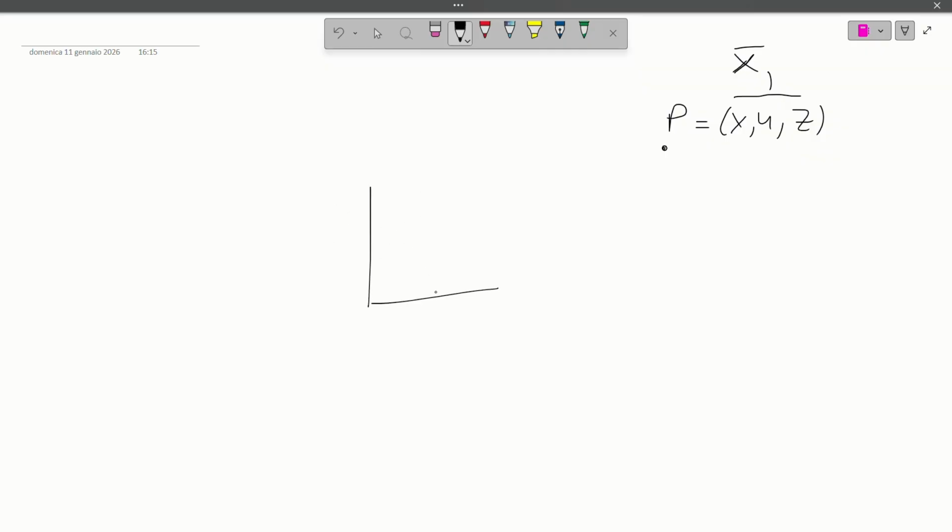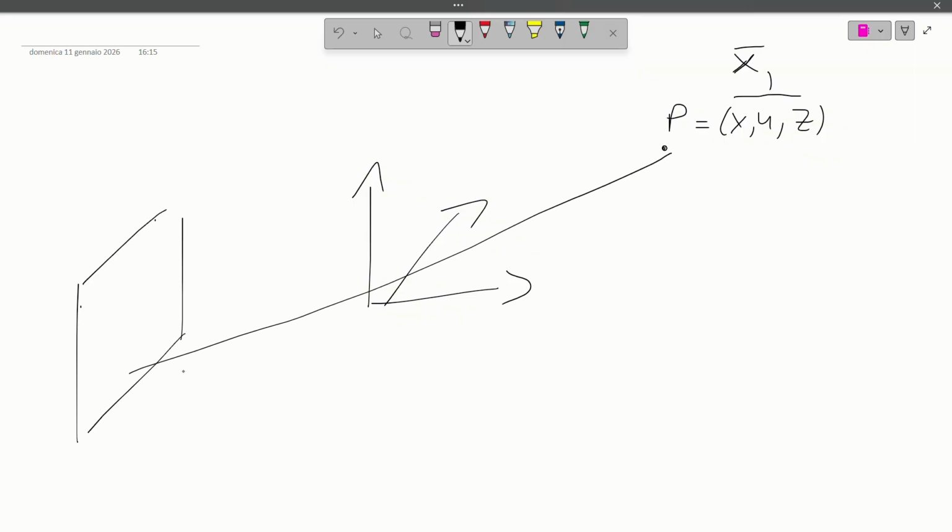We have just a coordinate system here, and here there is the image plane. Okay, the plane in which we want to project P. So this is the projection.